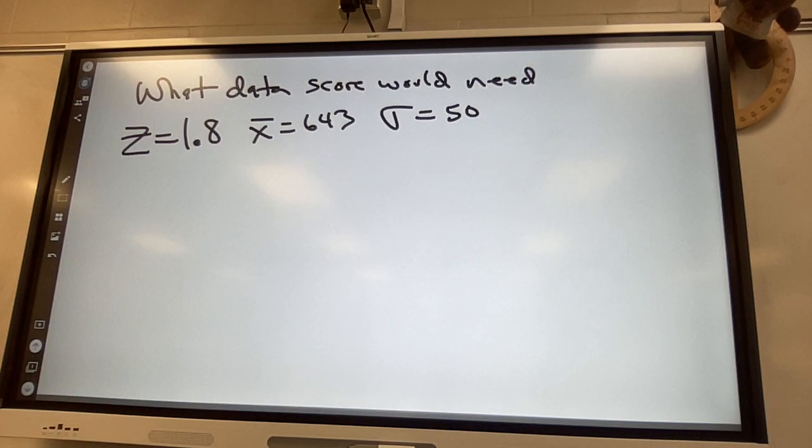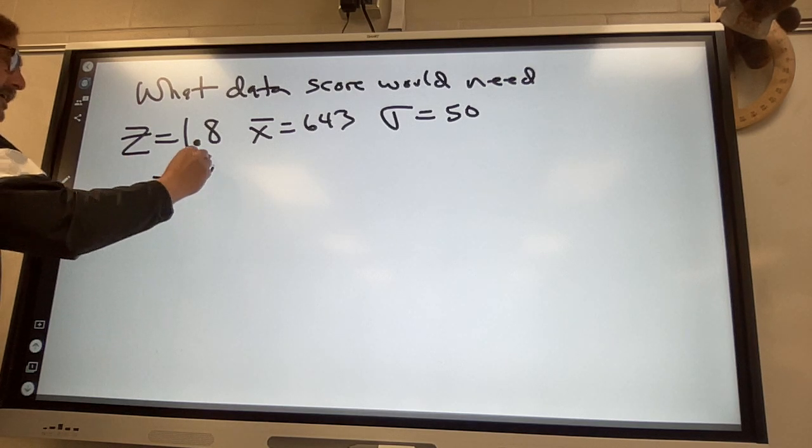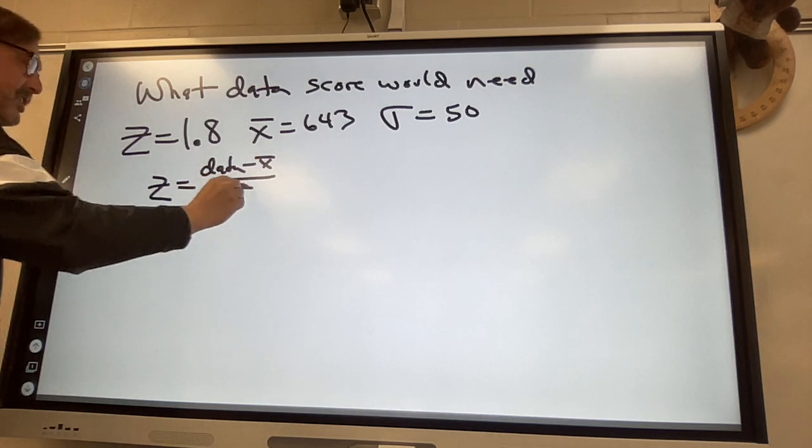All right, you're taking some kind of job placement test. And let's see, what data score would you need? So the formula again is z-score equals the data minus the mean over the standard deviation.